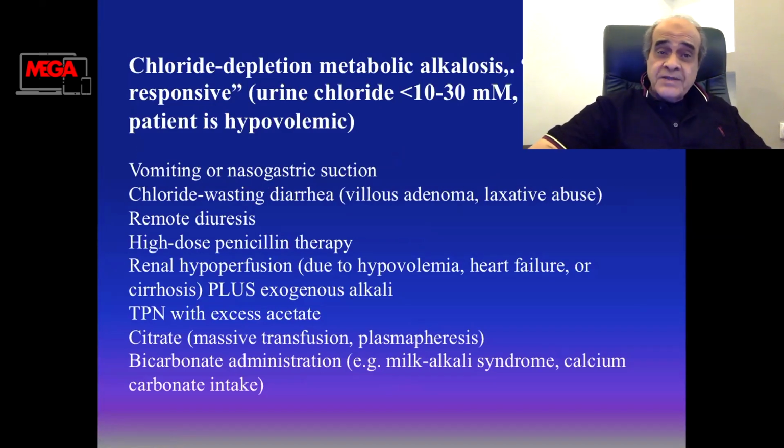We have chloride depletion metabolic alkalosis, and those patients will respond to saline infusion for management, as in cases of vomiting, nasogastric suction, chloride wasting diarrhea, remote diuresis, high dose penicillin therapy, renal hypoperfusion, which promotes the renin aldosterone mechanism being activated, TPN with excess acetate, citrate, massive transfusion, plasmapheresis, bicarb administration, or milk alkali syndrome, and calcium and bicarbonate intake.